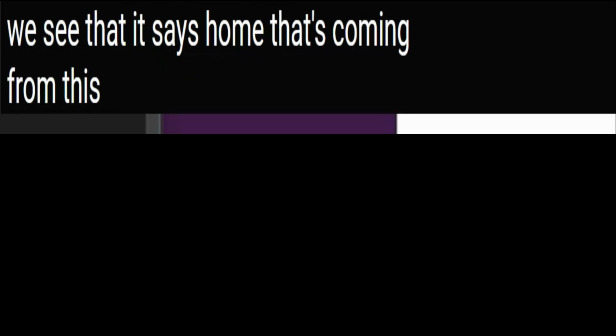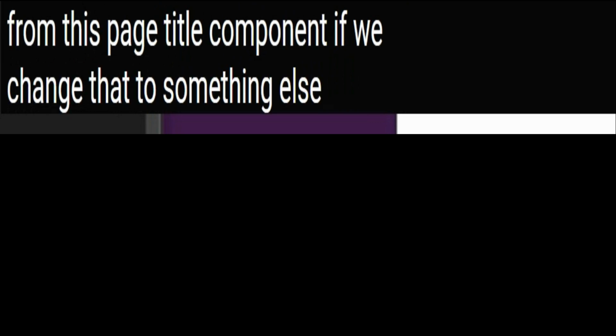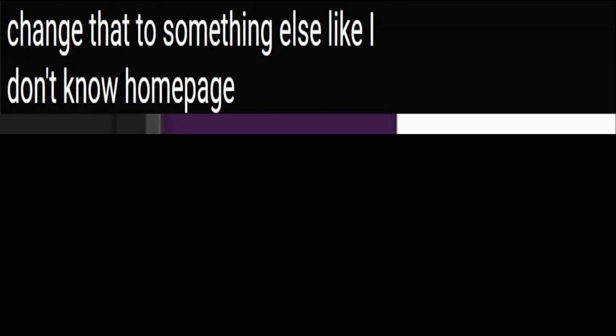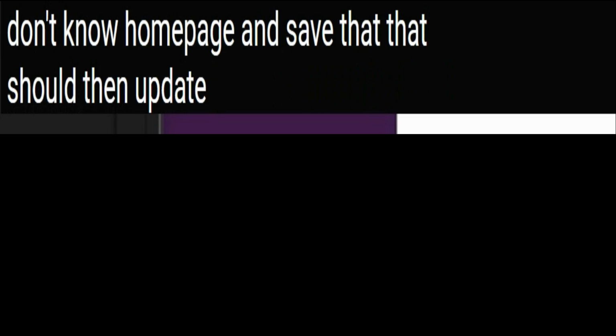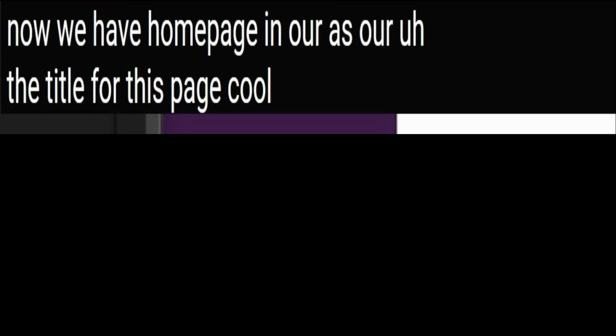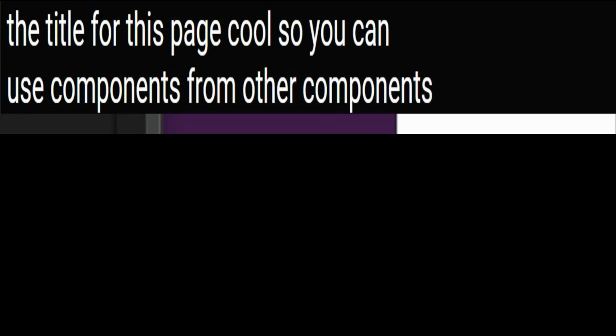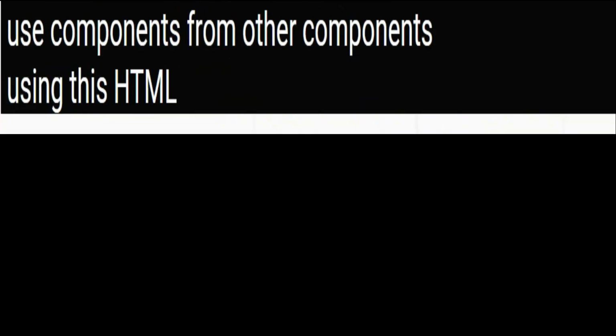That's coming from this page title component. If we change that to something else, like, I don't know, home page, and save that, that should then update. And there it goes. So now we have home page as the title for this page. Cool. So you can use components from other components using this HTML style syntax.